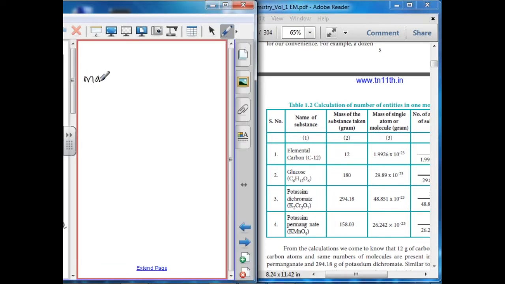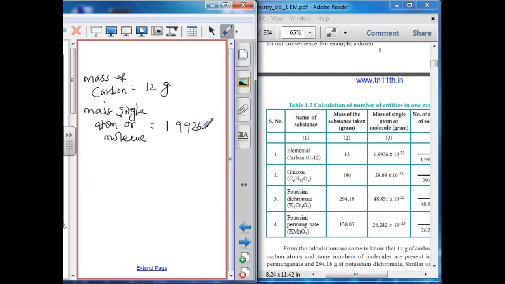So mass of carbon equals 12 gram. Mass of a single atom or molecule equals 1.9926 into 10 power minus 23.